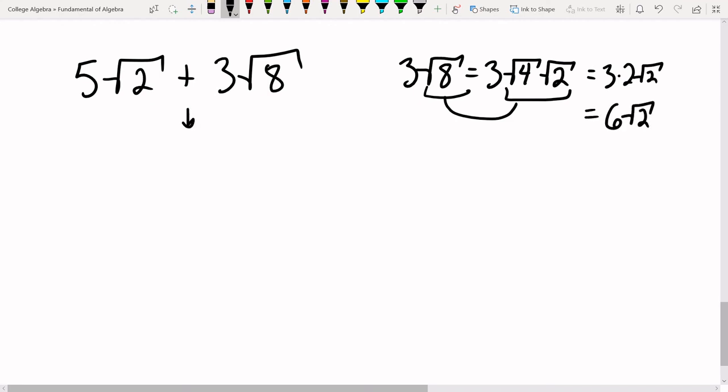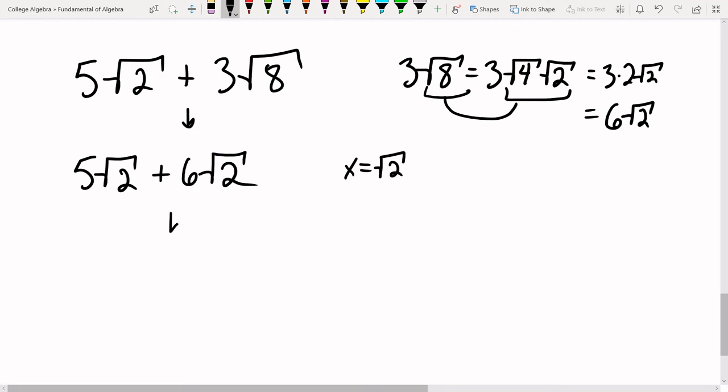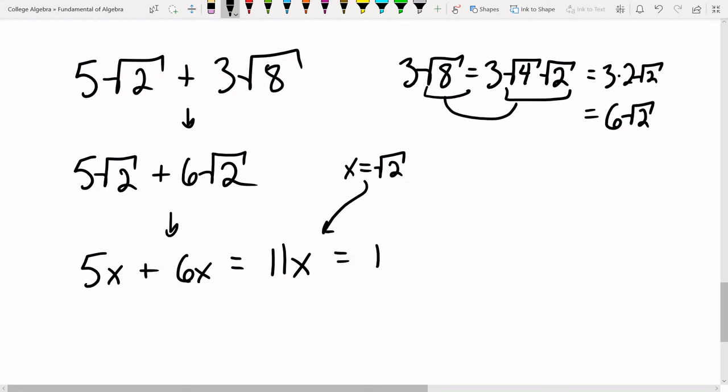So now this becomes 5 root 2 plus 6 root 2. And let's say that x equals root 2. Then I can rewrite this as 5x plus 6x. And we know 5x plus 6x are like terms, right? They have the exact same variable. This gives us 11x. But since x equals root 2, we get 11 root 2.